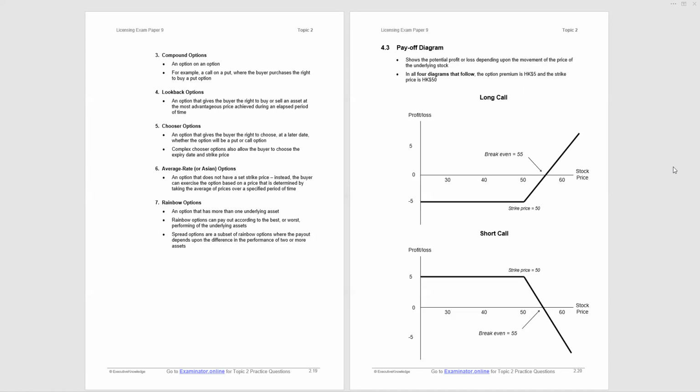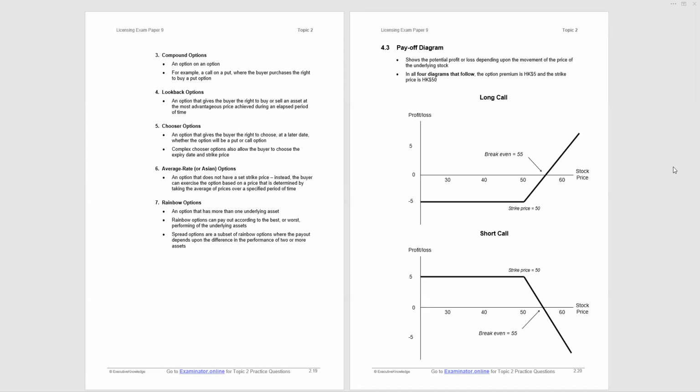Now, the mirror image of a long call payoff diagram is the short call payoff diagram, where the seller of the call option receives the premium. Now, as long as the call is not exercised, that is, the price remains at or below 50, the seller of the call option will pocket the premium. They have made a profit. But it's the other way around from the long call.